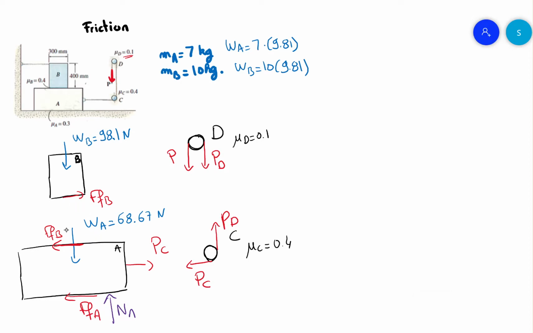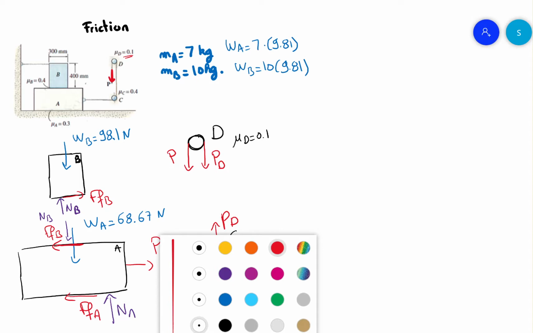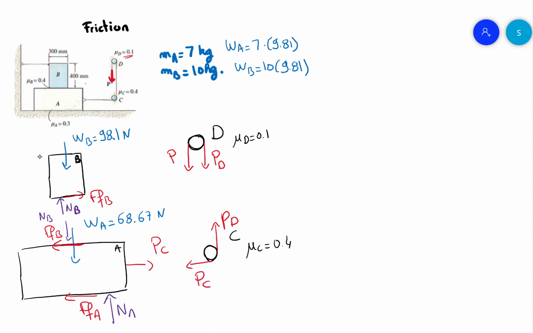Let me draw the force NB on this side and NB on this side. And one more force that we don't know, that's the tension there on the top. Let's call that T. I think I have all my unknowns.